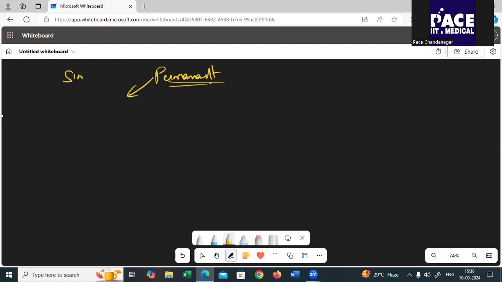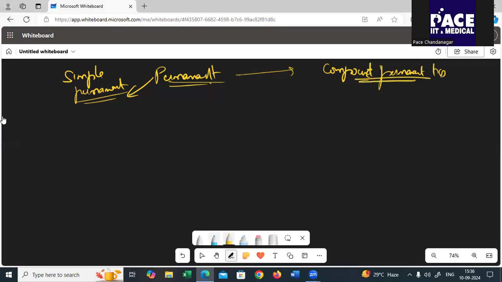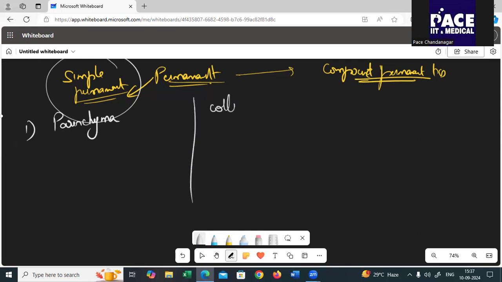This is simple permanent tissues and the other is compound permanent tissues. Okay, let us first talk about simple permanent tissues. In simple permanent tissues, we have number one, parenchyma. Number two, we have collenchyma.